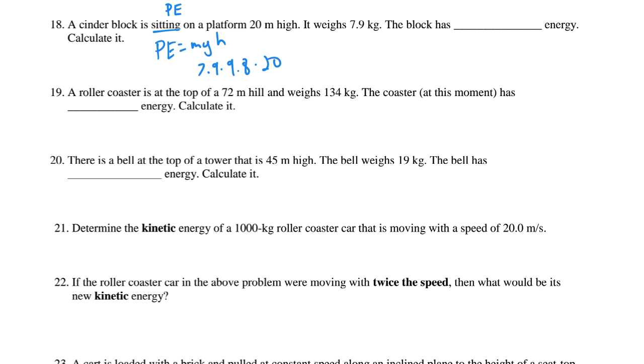So 7.9 times 9.8 times 20 equals 1,548 joules of energy. The next one, we got another kinetic energy one. Maybe I'll just set this one up. Oh wait, it's not kinetic energy because it is at the top, but it hasn't started dropping yet. So this one still is potential energy. And then we'll do mgh. Bell at the top of tower. This can be some more potential energy.